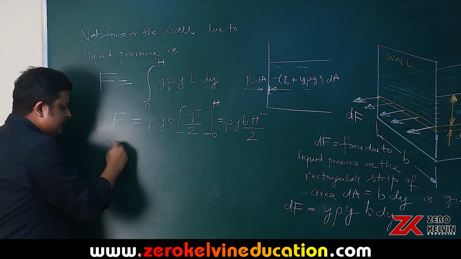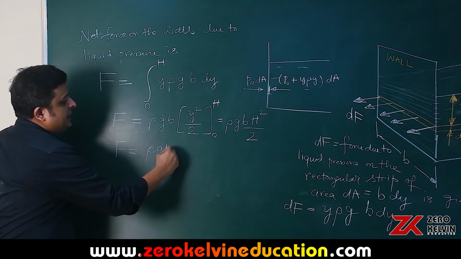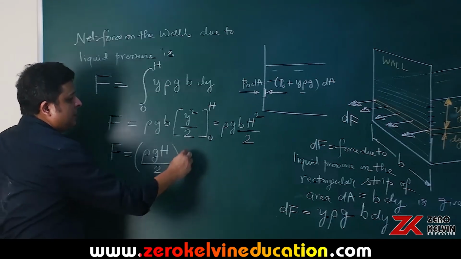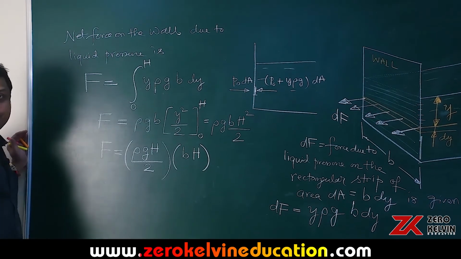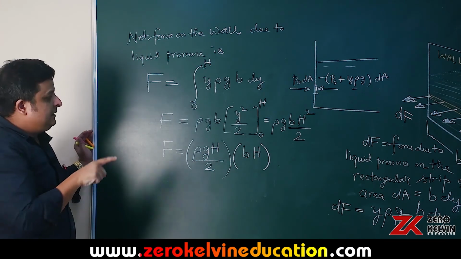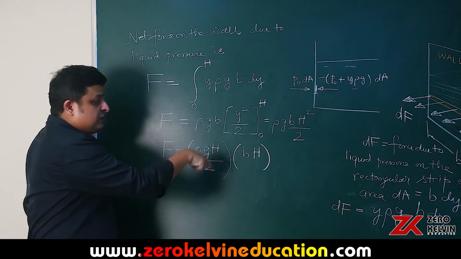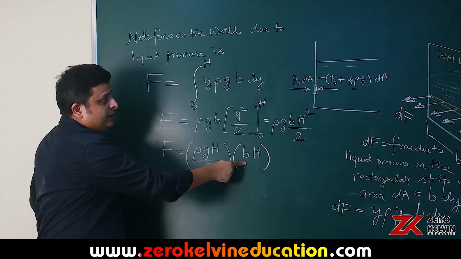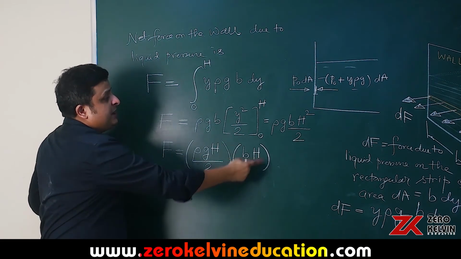So this is expressed in the following way also. I can write it in this way: rho g h by 2 multiplied by B h. That is the force due to liquid pressure on the wall. See, rho g h by 2 is the average value of the pressure, so the force is the average or mean value of the pressure multiplied by the wetted area.